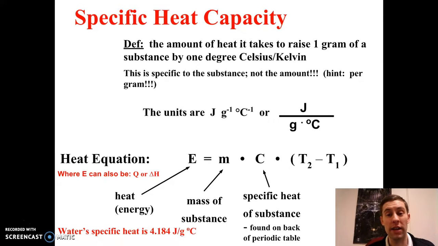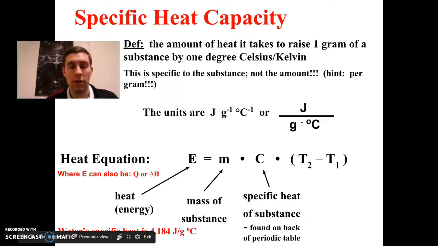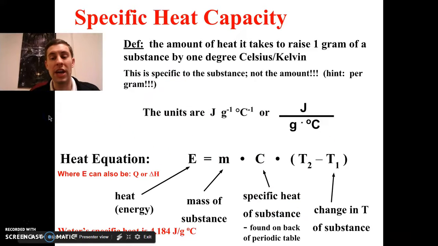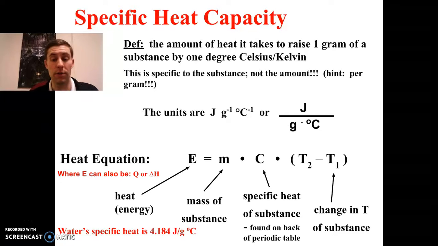And that's found for you in my class on the back of your green periodic tables, for common substances. And then T2 minus T1 is going to be your change in temperature. So it's the final temperature, your second one, minus your first temperature. So make sure you know what those are, how to use them.